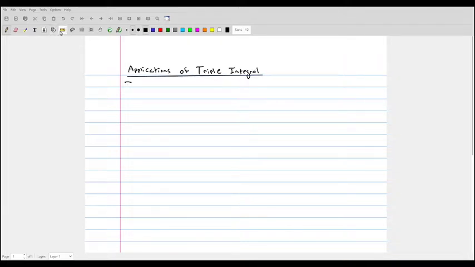And specifically, we'll be talking about calculating total mass or total charge, so total electric charge, given a density function.